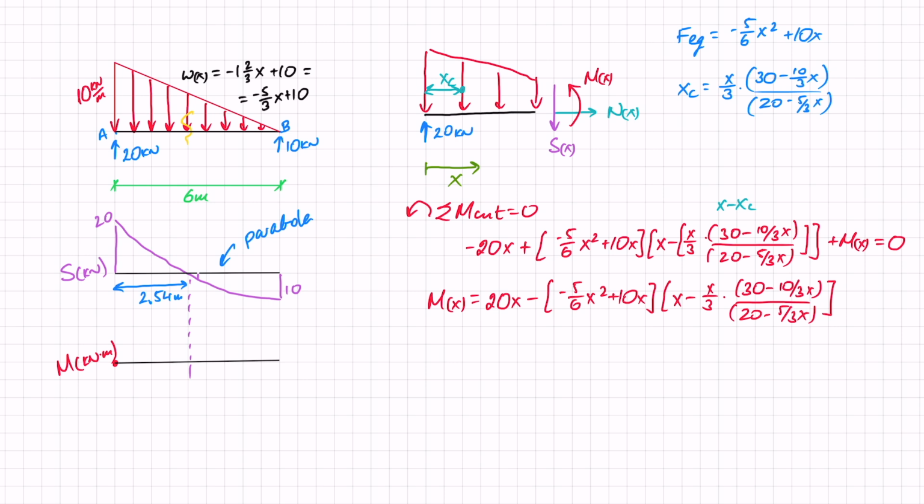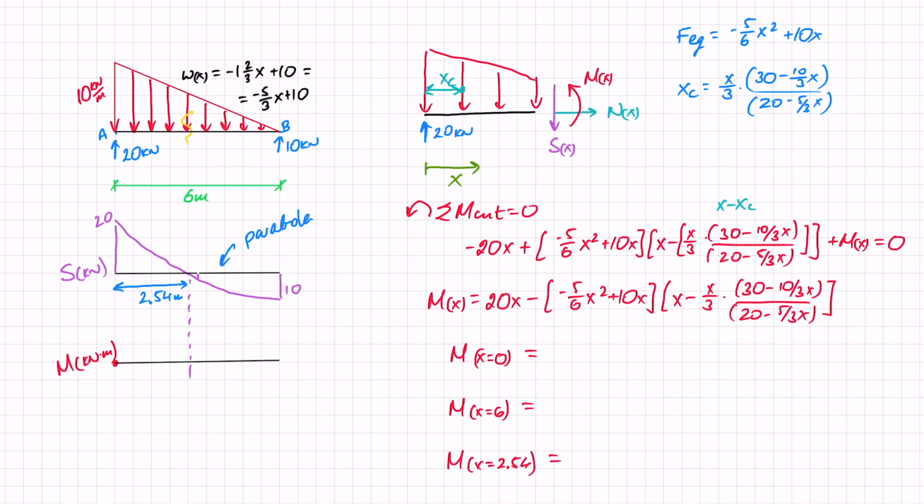And so let's see what happens when x equals 0, what happens when x equals 6, so that's point A, point B, and what happens when x equals 2.54. That is obviously an interesting point for me because I know that when the shear crosses 0, I'm going to get either max or min moment.